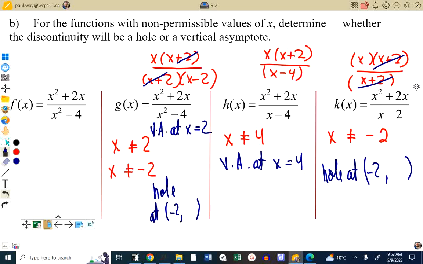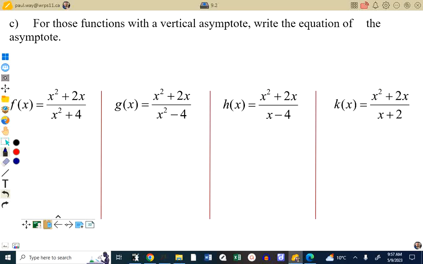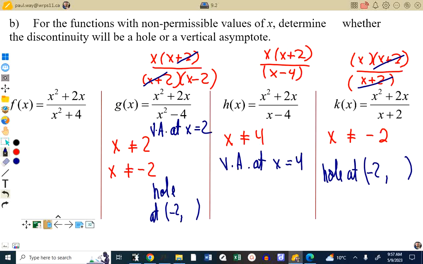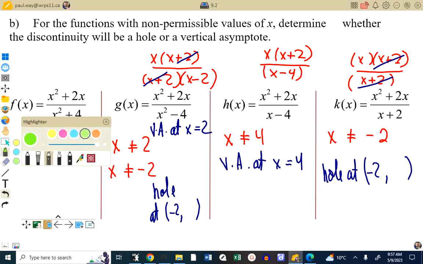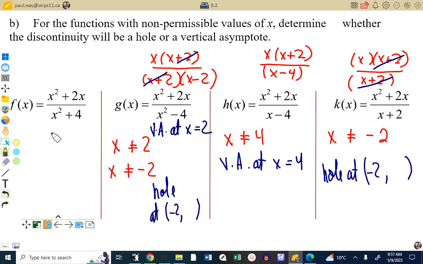C says write the equation of the vertical asymptote for the ones that have vertical asymptotes. We've already done that, right? C is answered there and there.